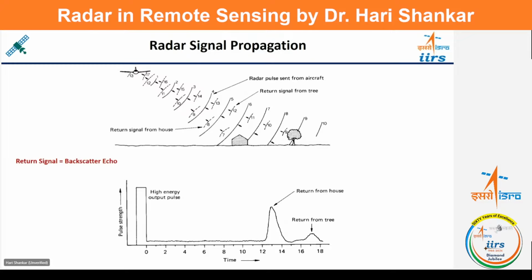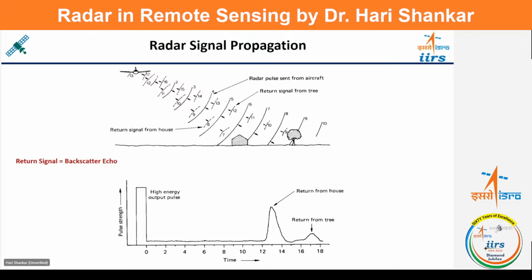And if the surface is rough, then the backscatter amount is very strong. But whether a surface is rough or smooth again depends on the wavelength. A longer wavelength can feel a medium-roughness surface as a smooth surface.